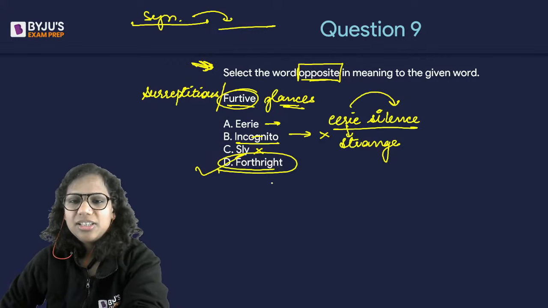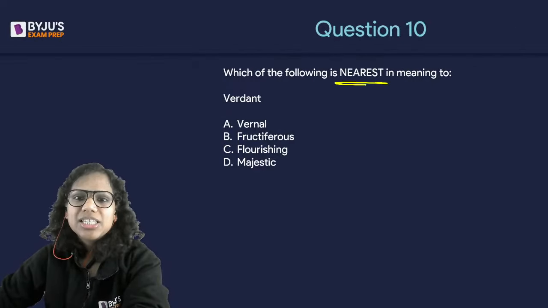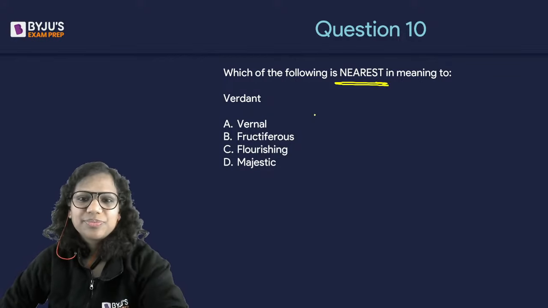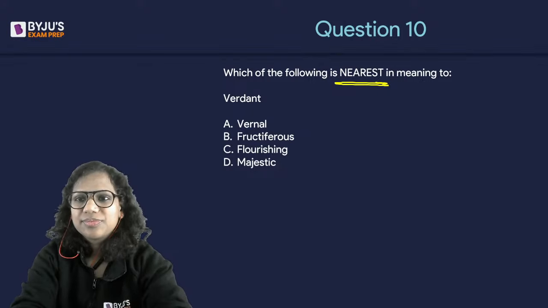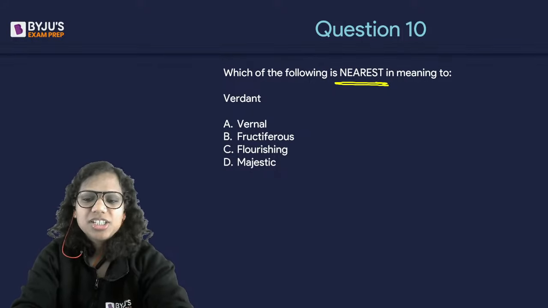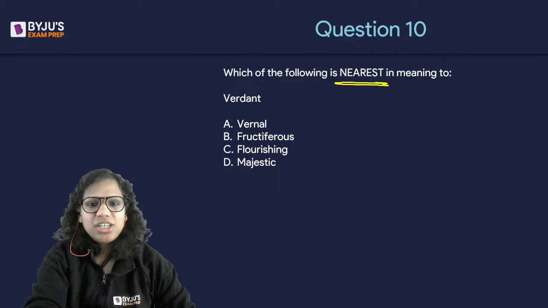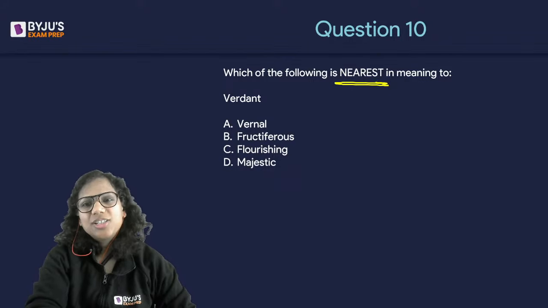Okay. Let's go to the next one then. Give me the word that is nearest in meaning to verdant. Verdant. See if you've heard this in any context. The verdant beauty of the countryside, the verdant beauty of the hills.